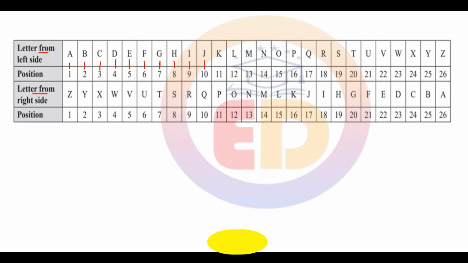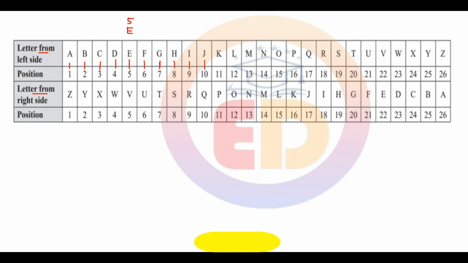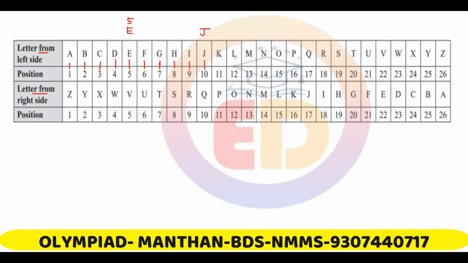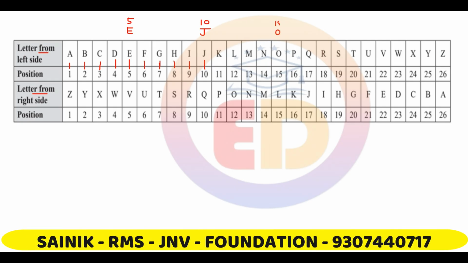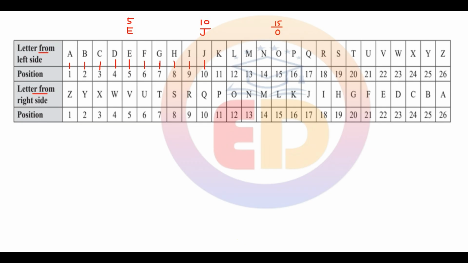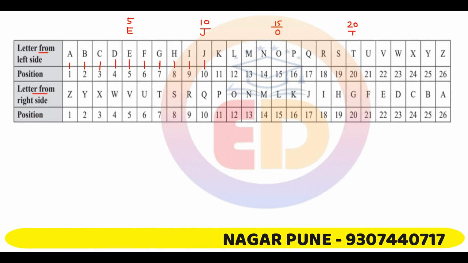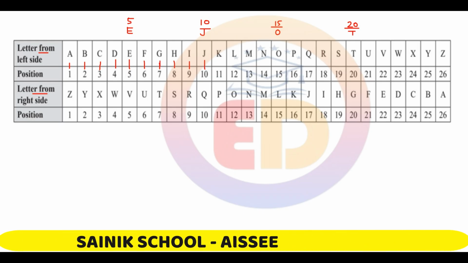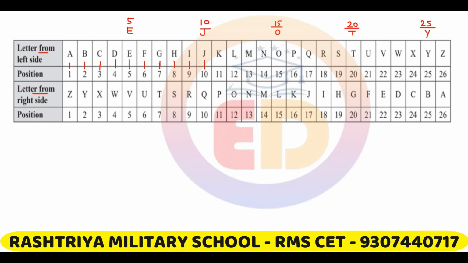E is 5, J is 10, O is 15, T is 20, Y is 25. So if you just remember each OT, then you will be able to work out the rest of the alphabets also.